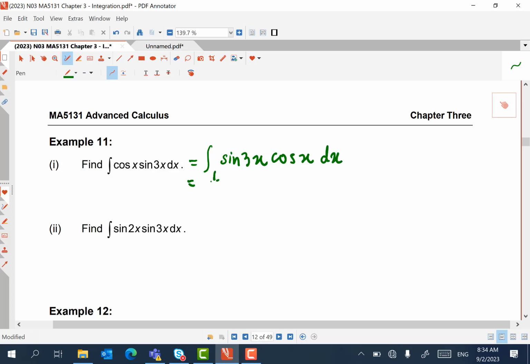And this we have already discussed. This is going to be sine. I think this is the standard approach.